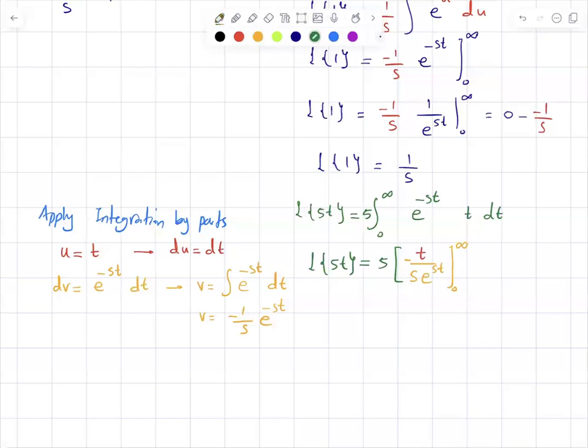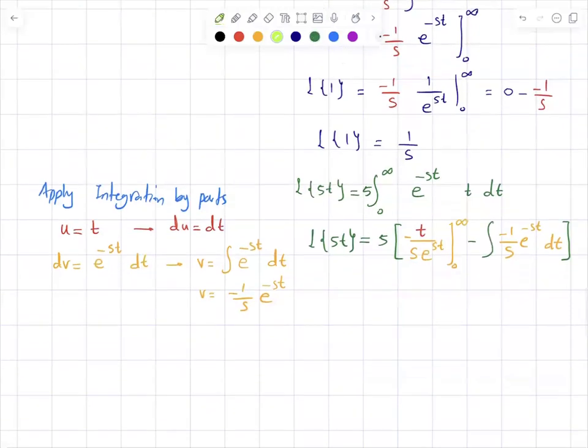Minus the integral of v du, which is negative 1 over s e to the power negative st, and du is just dt. Let's close up the bracket so we can continue.